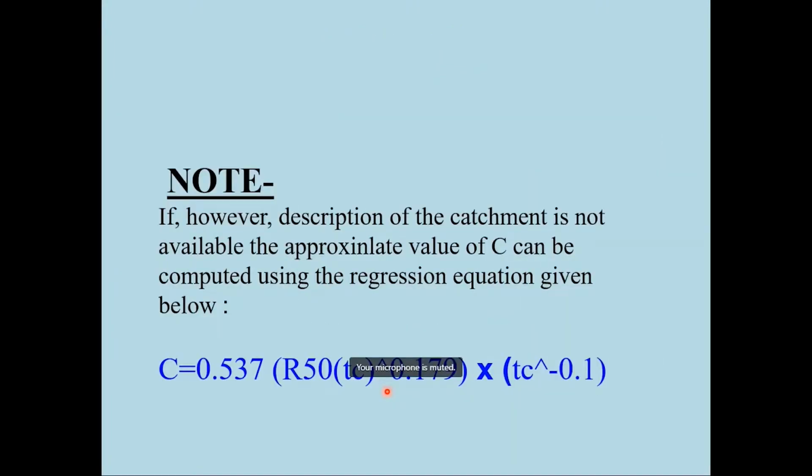Coming to this, in case we do not have the areal reduction factor, or the X, the soil value, if these things are not there, you can still find out the coefficient by an empirical equation which has been mentioned here.